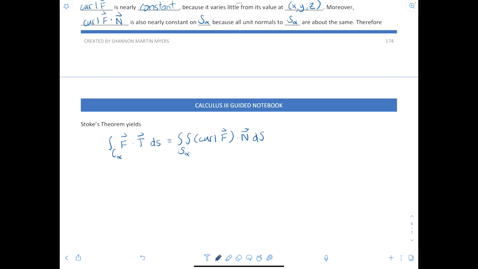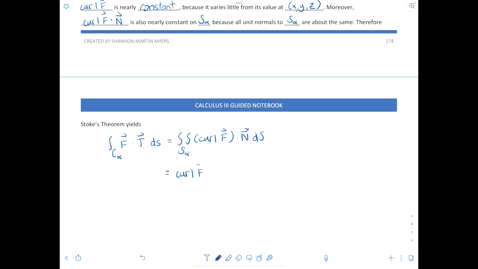Now that, in turn, remember how we said that dot product would be some kind of constant? So it would be nearly constant on that little tiny disk, any curl times any normal.